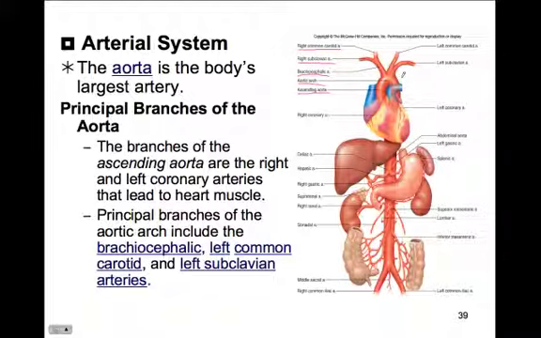The next exit we'll see is the left common carotid, and then the left subclavian. So you'll notice, on the right side, the brachiocephalic artery gives rise to both the right common carotid and right subclavian arteries. However, on the left side, there is no brachiocephalic artery. We just go straight to the left common carotid and the left subclavian.